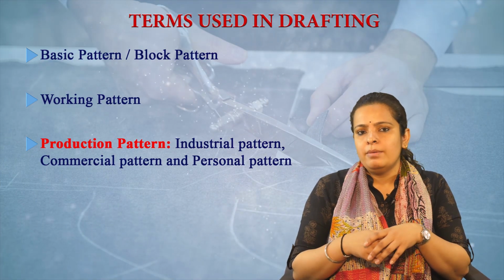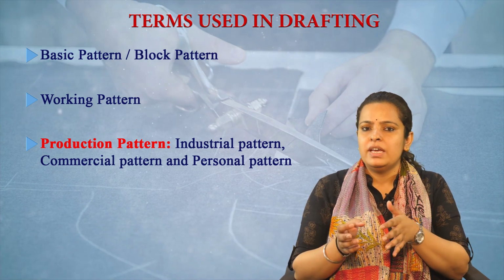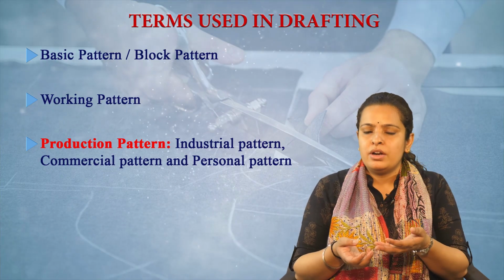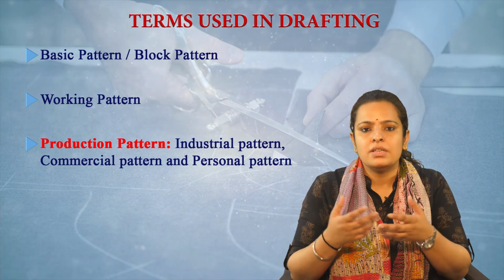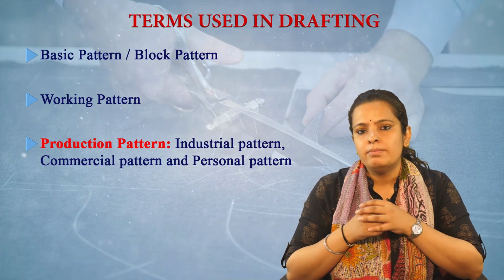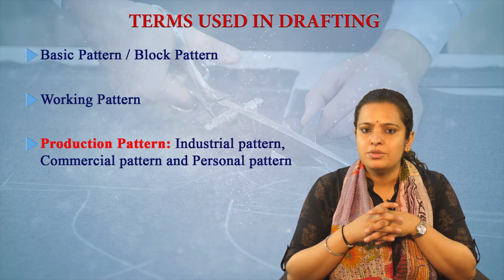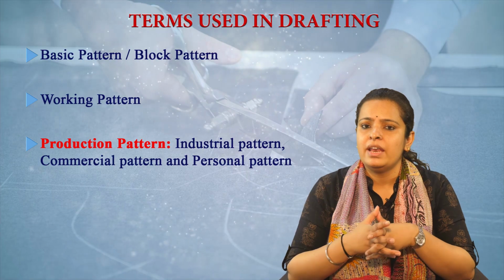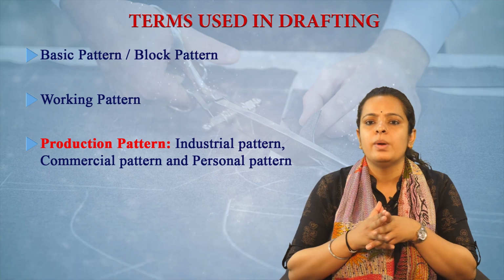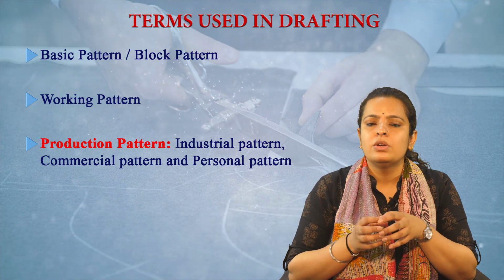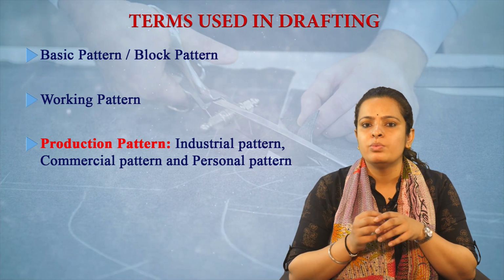Then comes the production pattern. The production pattern is the final pattern, which is given to the production department for developing the final product, which is our garment. There are three types of production pattern. First we can have the industrial pattern. The industrial pattern is very technical and includes all the specifications, details, marking and symbols, done very perfectly.